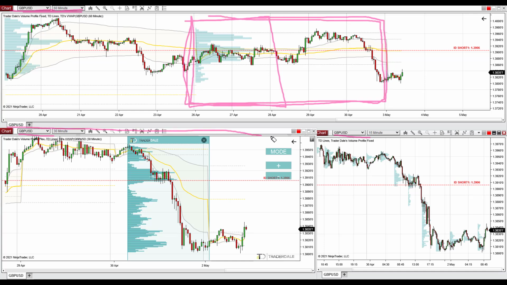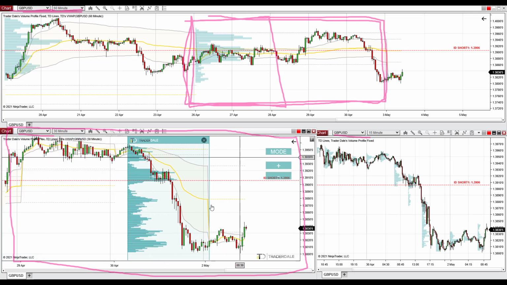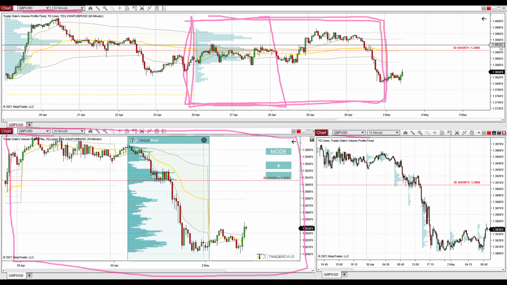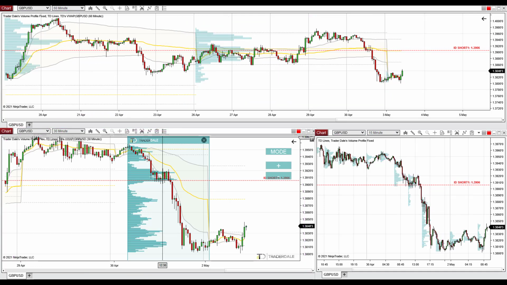Now this chart is where I use flexible volume profile on a 30-minute chart. You can move the profile like this. It's a pretty handy thing. And the last chart is a 15-minute chart where I have those 4-hour profiles printed automatically every 4 hours.